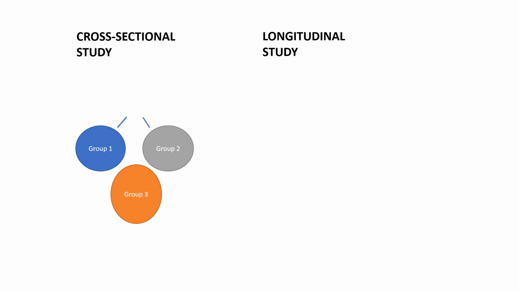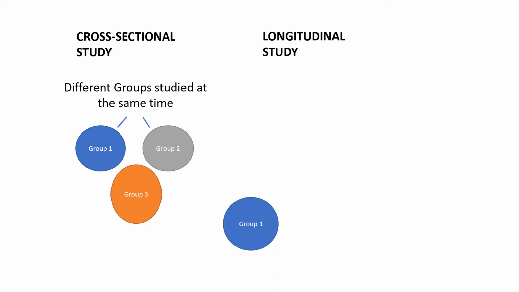In a cross-sectional study, what we do is compare different groups at the same time frame, like group 1, group 2, and group 3 in this particular visual. So they are different groups, but we are studying at the same point of time, as though we are taking a cross-section of that particular population at that point of time.